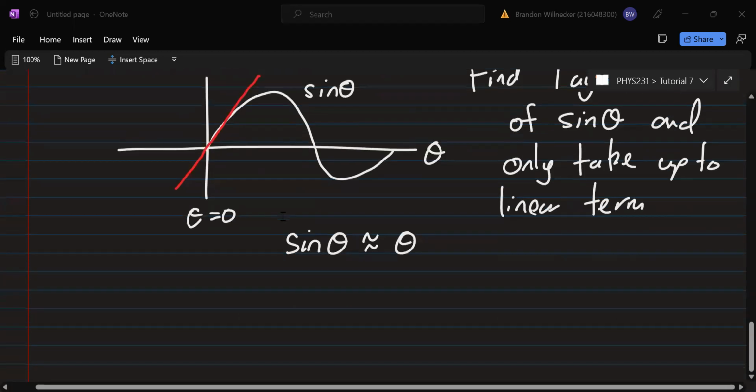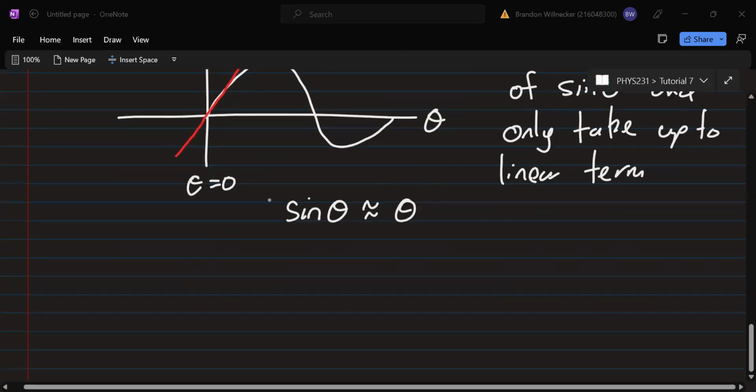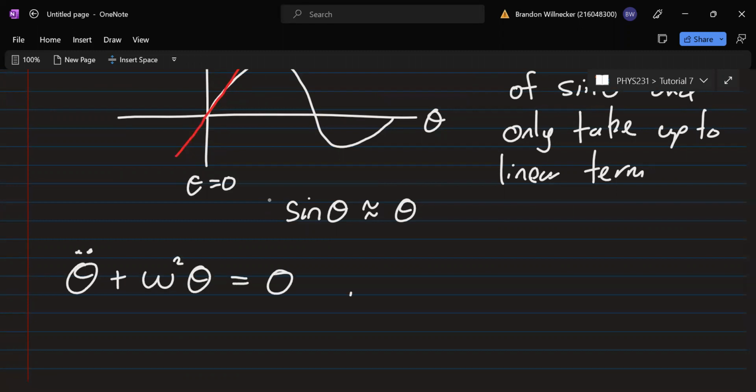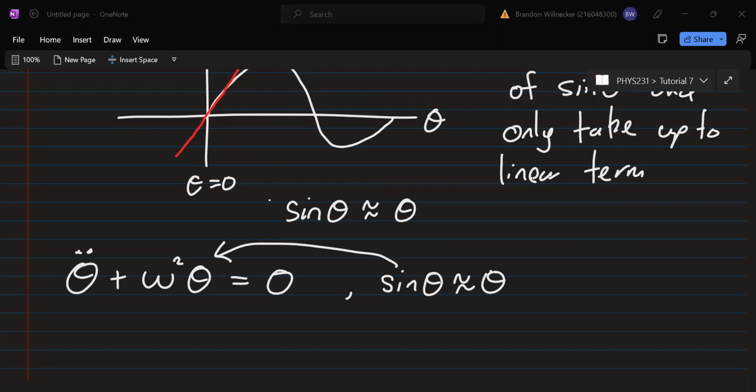So if we do that, then the equations of motion become theta double dot plus omega squared theta is equal to 0. Here we use sine theta is approximately theta. Now that this is linear, we can then solve it. We can either use the methods of differential equations that we did in the previous chapter, or you can use that exponential method that we looked at last time.